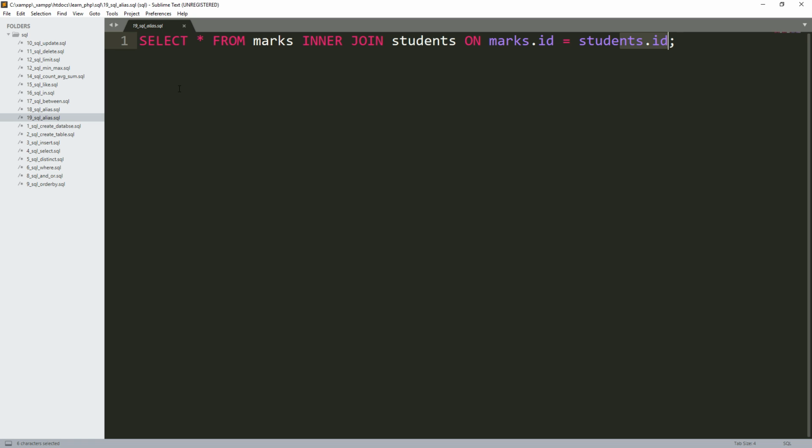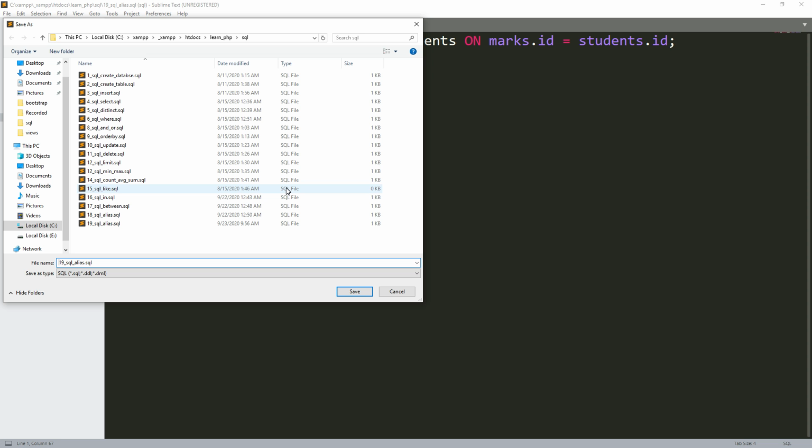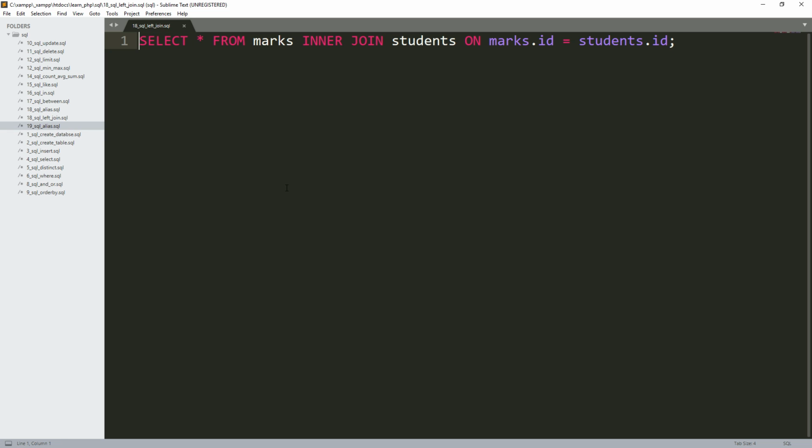Now let us look at what is meant by left join. Left join works the same, but the difference is, instead of putting inner join, just put left join.